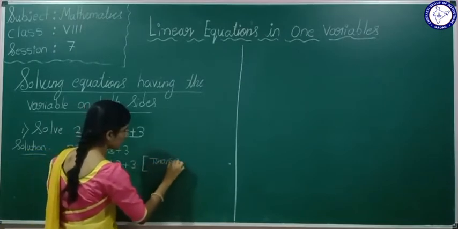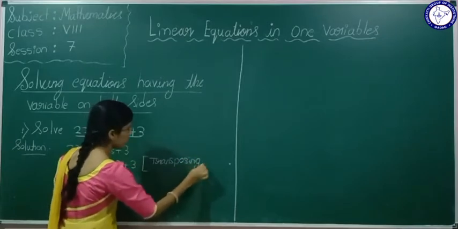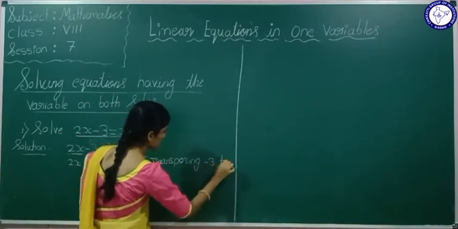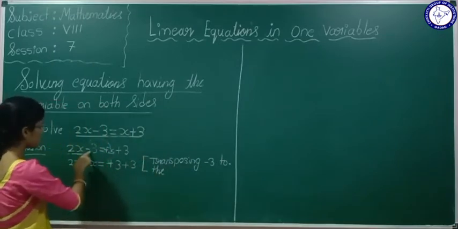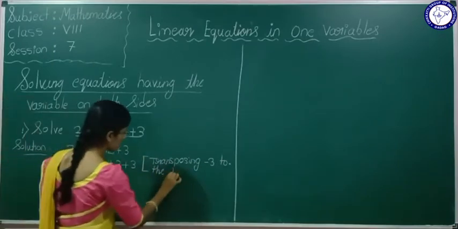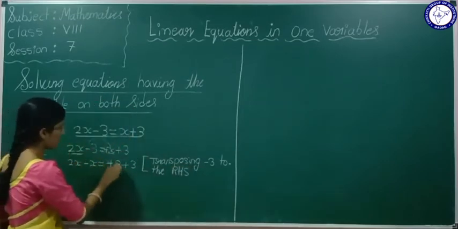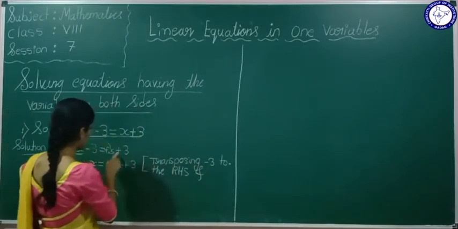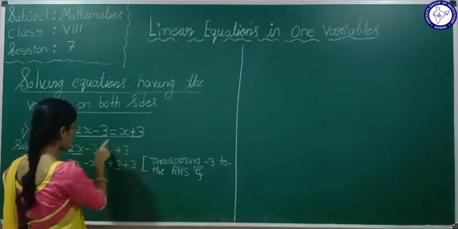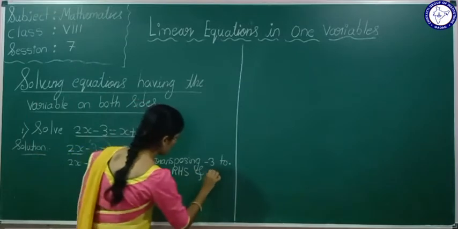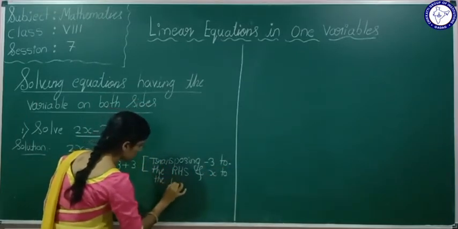So we have transposed minus 3 to the RHS and x to the LHS.